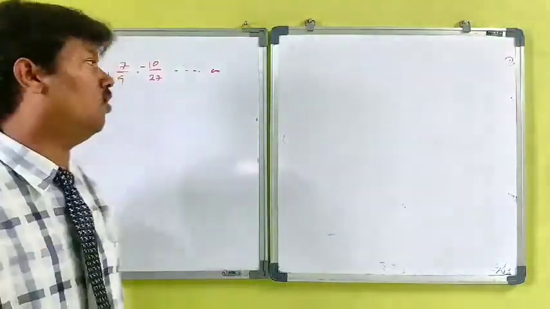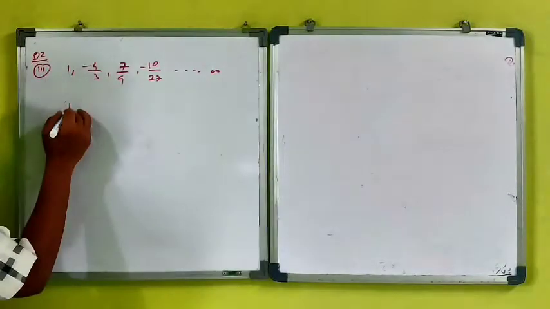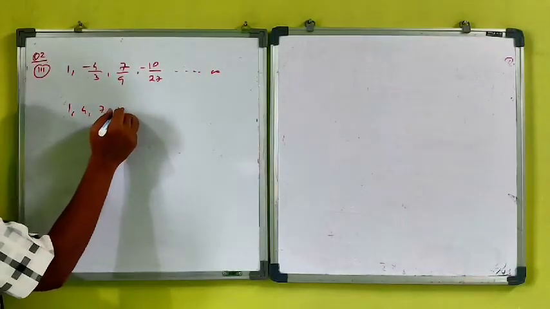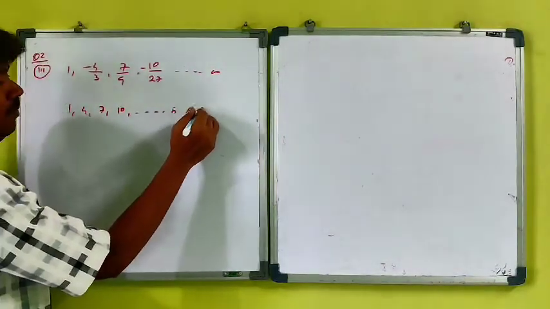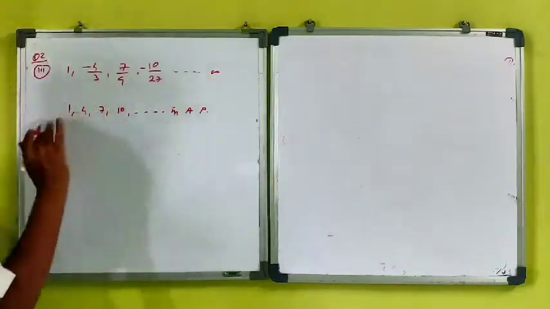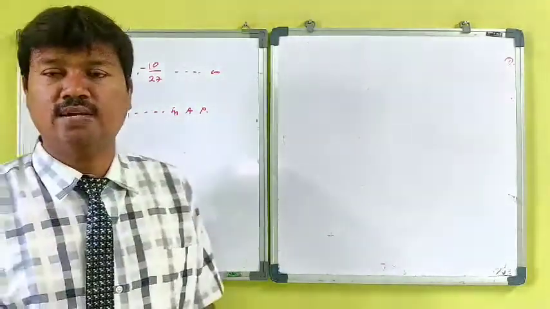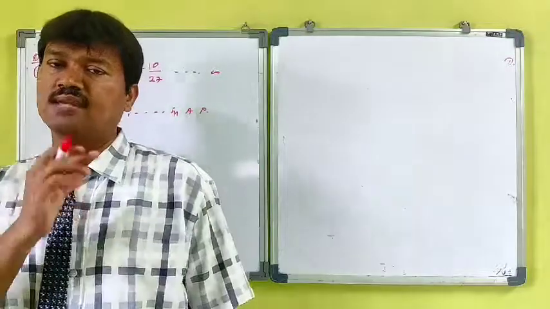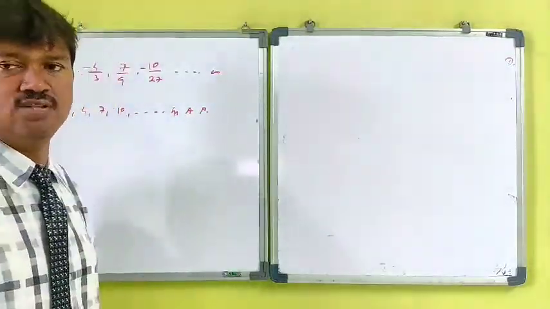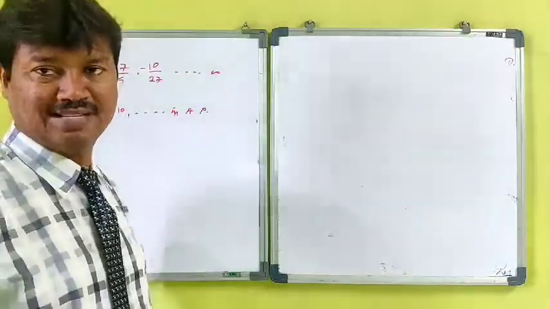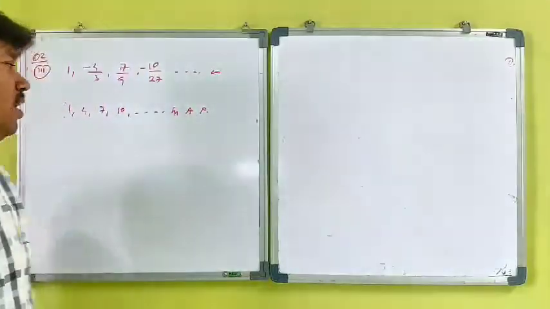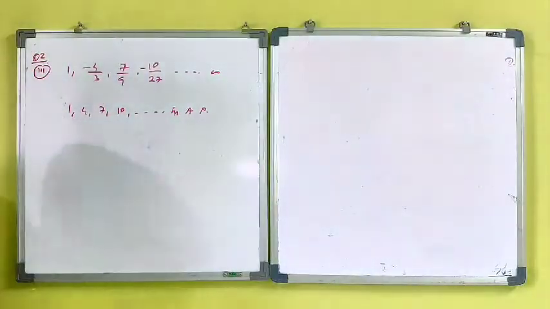So here, if you observe 1, 4, 7, 10, that is in AP. Don't give the plus minus sign to the AP, because in an AP there is a common difference, so it is always either the same sign, positive, or a smaller value.